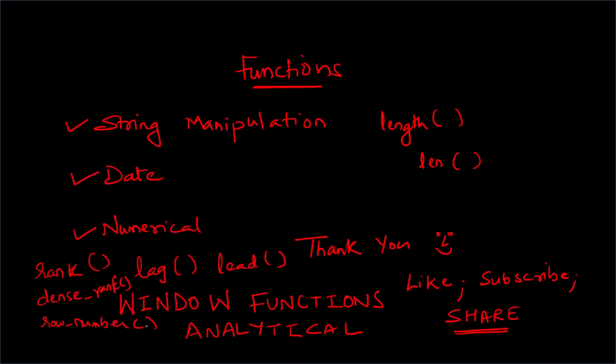Some of these important functions are required when you handle large amount of transactional data. You require lag data, you require lead data, or when you want to rank the customers based on their sales, based on the revenue margins, profitability, etc.